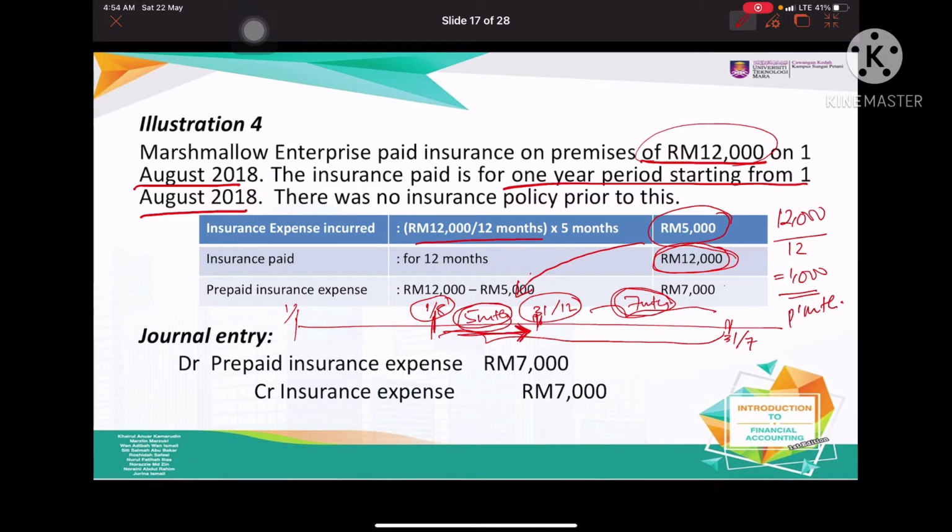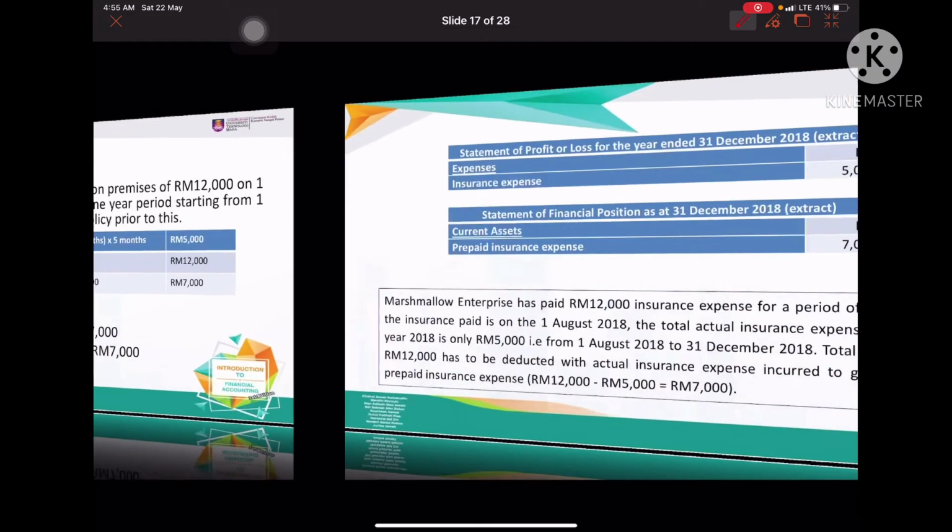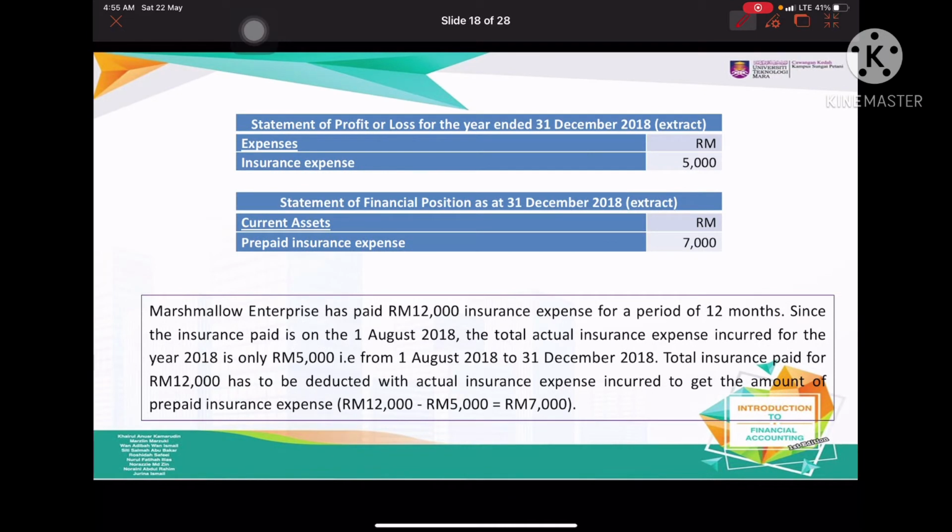The other 7,000 belongs to the future period. So we debit prepaid insurance 7,000, and we credit insurance expense 7,000. So how are we supposed to record in our statement of profit or loss by the end of 31st December 2018? Our insurance expense is only 5,000, because it is only for 5 months of that particular accounting period.